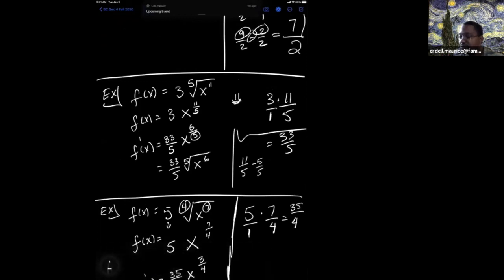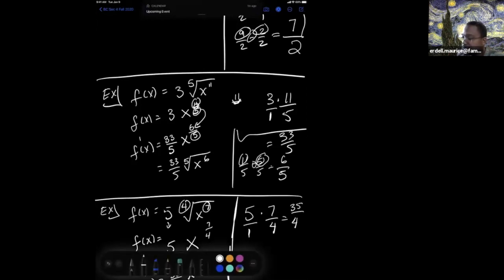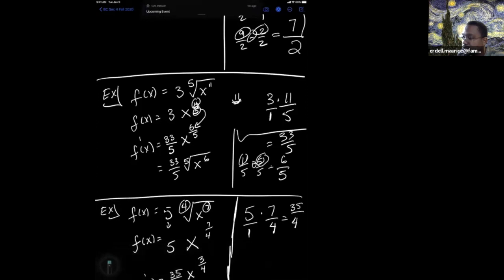Because 5/5 is 1. 11 minus 5 is 6, and you keep the denominator. What I did was just use the shortcut, because I know that this number is always going to be the same. So that's 11 minus 5 is 6, and then you keep the denominator. Was that clear? Yes.